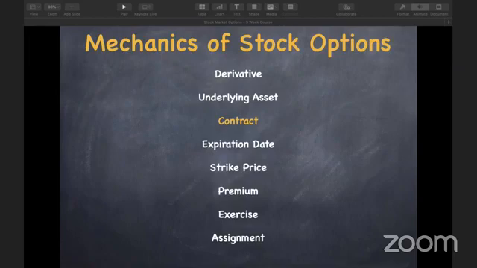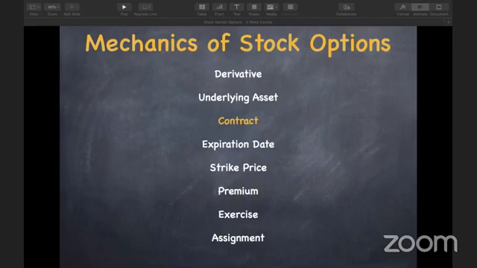But we as people have expiration dates, where stocks and companies don't necessarily expire. The only way a company can expire is if it goes bankrupt. However, a stock option, just like people, just like fresh produce, has an expiration date. Typically, stock options live for anywhere from a couple of weeks to a couple of years. That's about the spread of it.